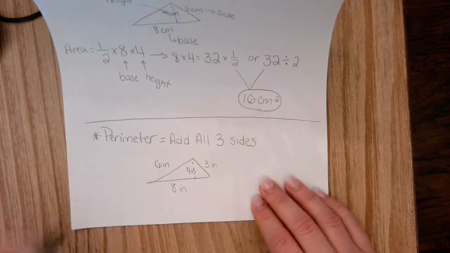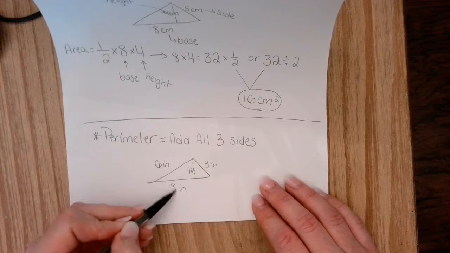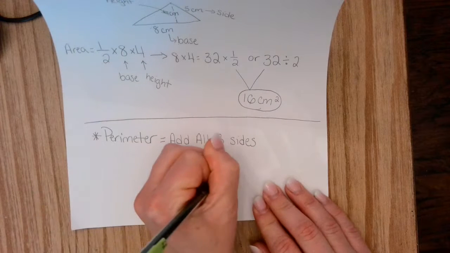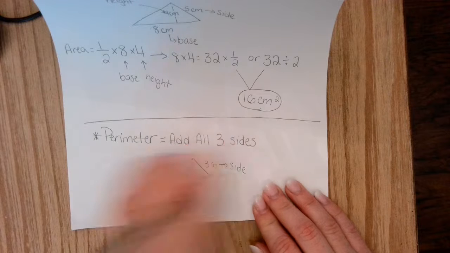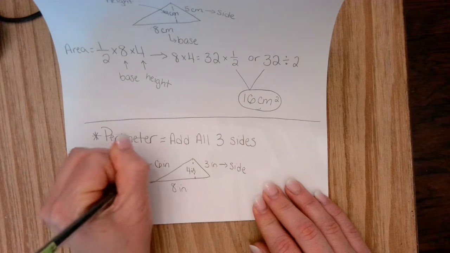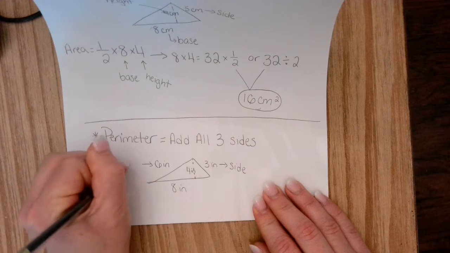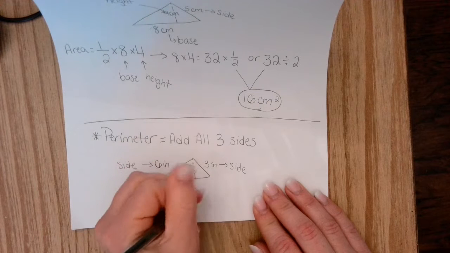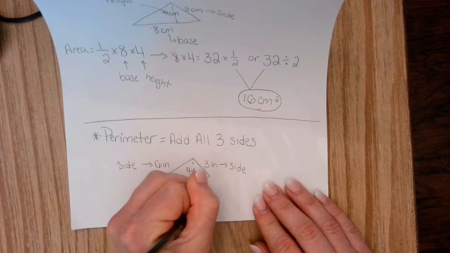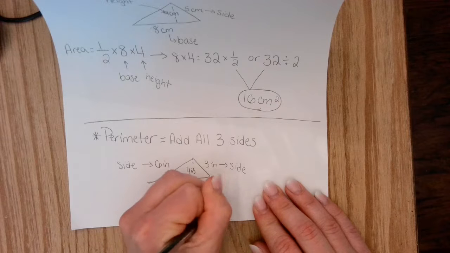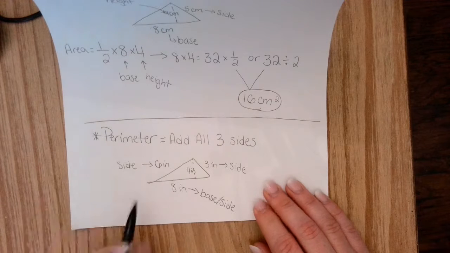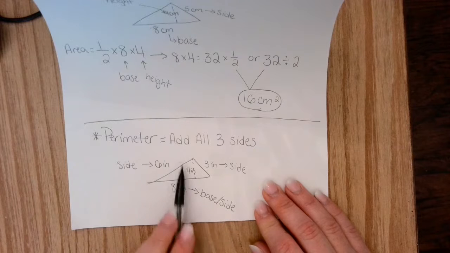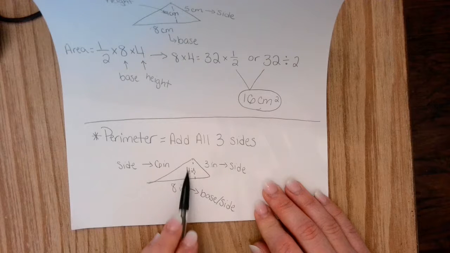Okay, so now let's actually label what these numbers represent. Okay, so again, this 3 inches is just a side measurement. The 6 inches is just another side measurement. And that 8, we can consider that to be a base or a side measurement. And because I'm getting perimeter, I'm just going to consider it to be a side. Now that 4 inches though is height.